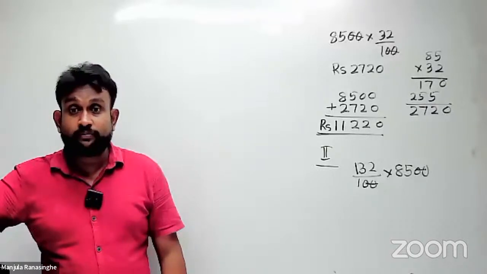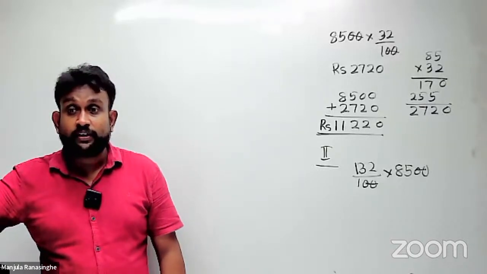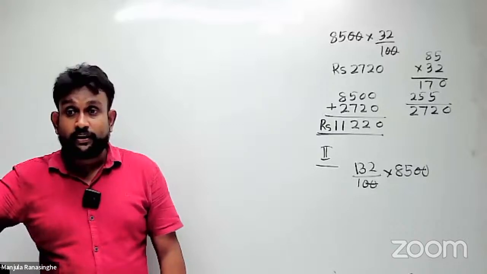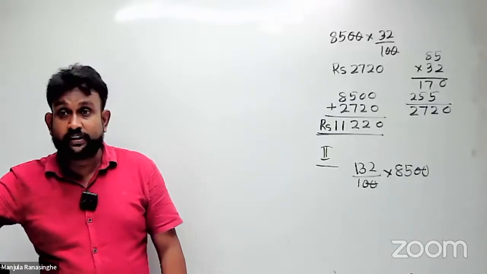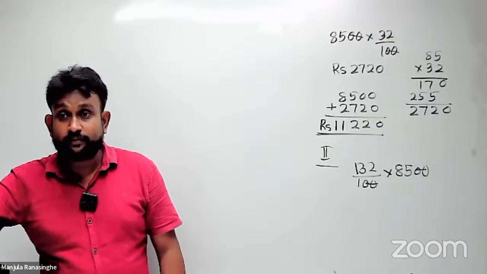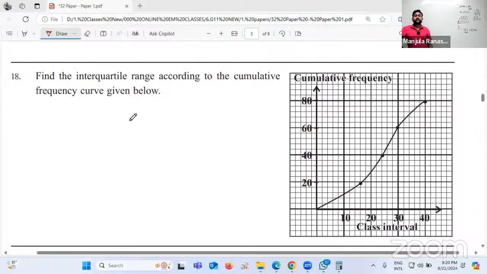Right, the next question 18. That is important for the cumulative frequency curve. I use the given graph itself and share the screen. See there: find the interquartile range according to the cumulative frequency curve given below.